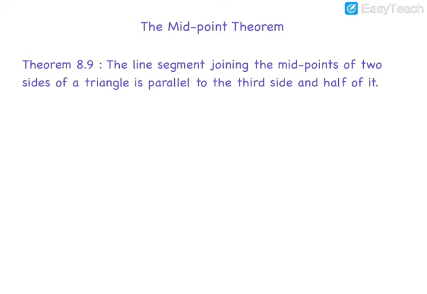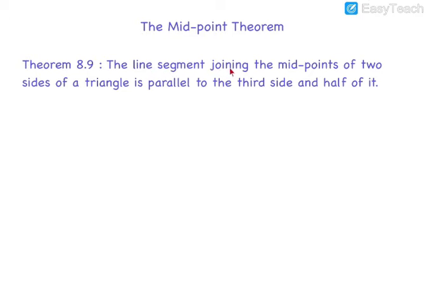According to this theorem, the line segment joining the midpoints of two sides of a triangle is parallel to the third side and half of it. It is very important to understand what data is given in the statement and what data is to be proved. So let us separate these two from this statement.